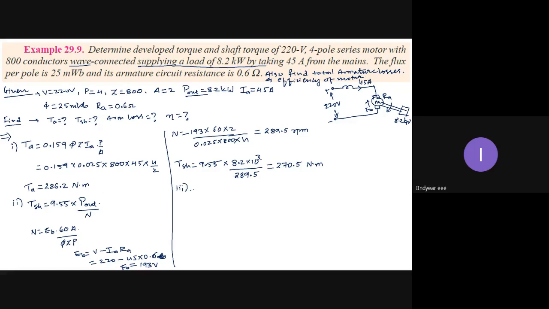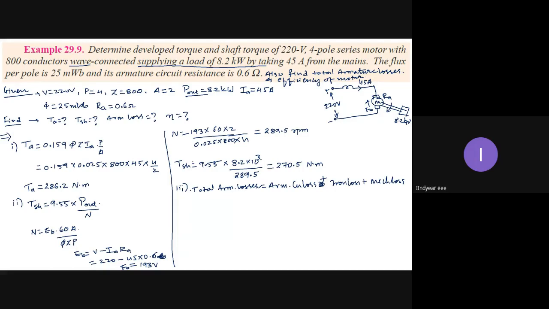So total armature losses are armature copper loss plus iron loss plus mechanical loss.